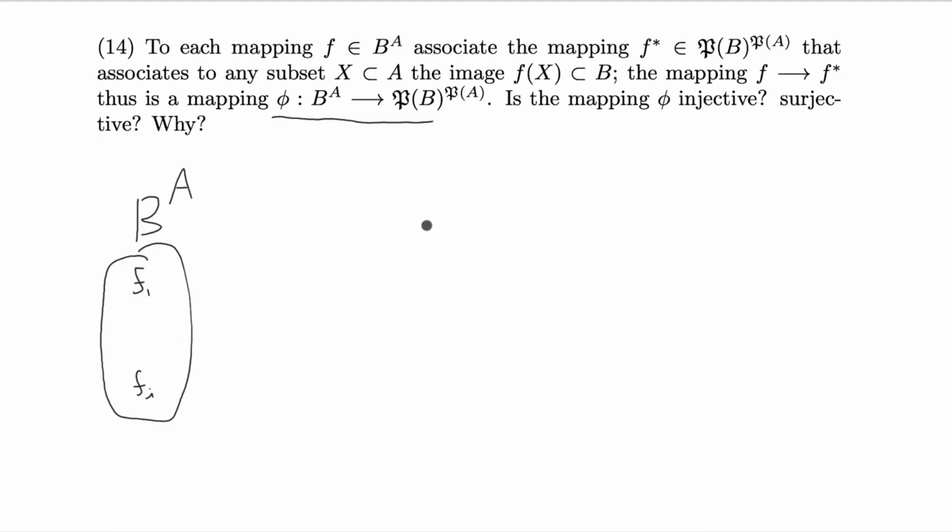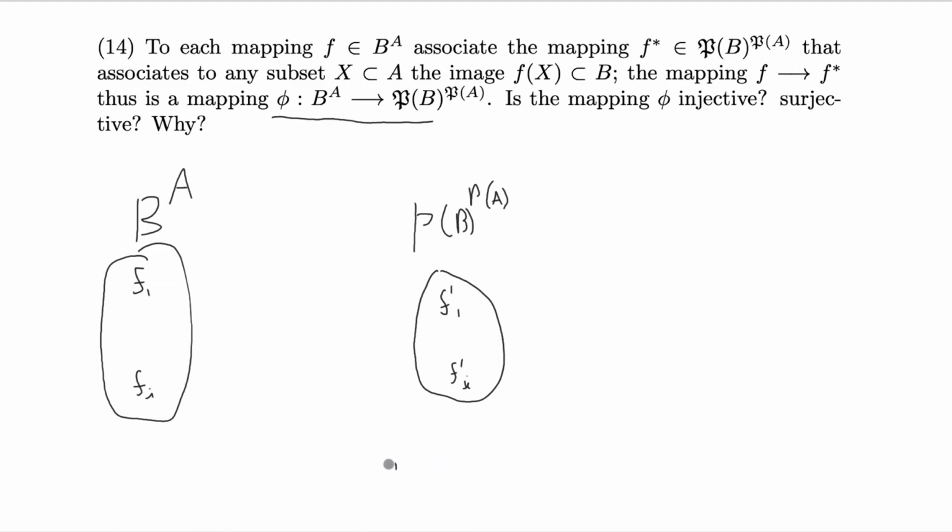Next, we'll look at this set on the right, the power set of B to the power set of A. This has a bunch of other mappings. We'll call them F star 1, or maybe F prime 1, arbitrarily many of these. But we'll note that these mappings take subsets.